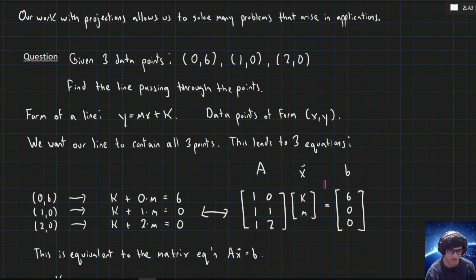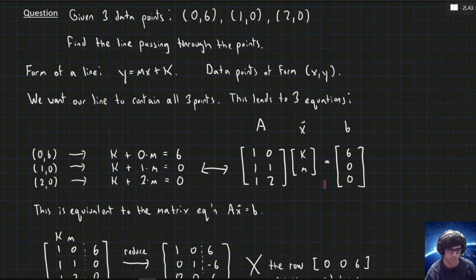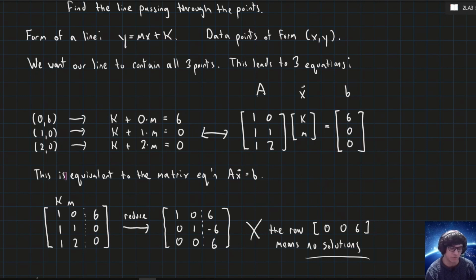So we know how to solve this. We form the augmented matrix and we row reduce. I try to put it into reduced echelon form, but after a few steps I get 0, 0, 6 in the bottom row. Whenever I get something like that when row reducing, that means the system has no solutions: 0, 0, and then non-zero means no solutions.